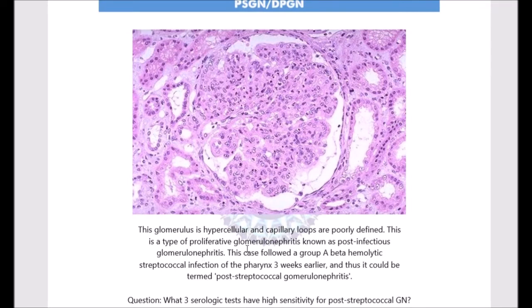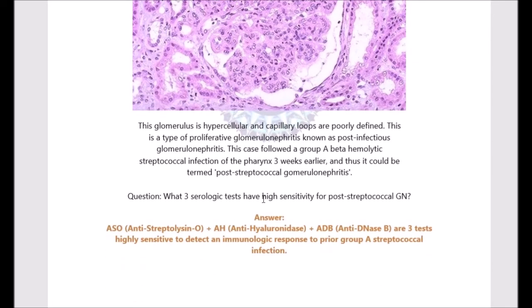This type of proliferative glomerulonephritis is known as post-infectious. In this case, it followed a group A beta hemolytic streptococcal infection occurring 3 weeks earlier, and thus it could be termed post-streptococcal nephritis. We call it PSGN, or DPGN. So once again, my dear, what 3 serological tests have high sensitivity for PSGN?